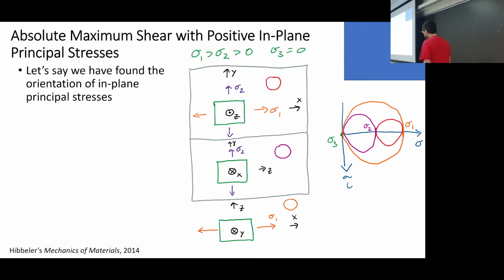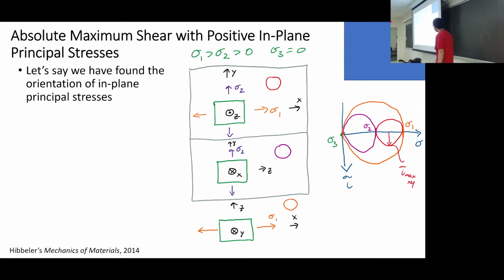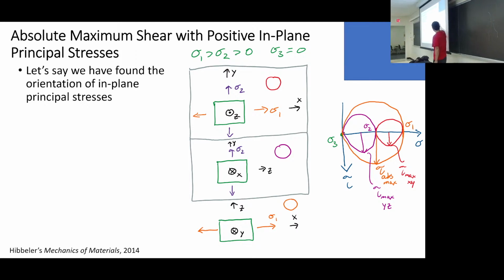Yeah, we can identify our individual maximum shear stresses, but there is now the absolute max. The absolute max is the one that's going to be associated with the sigma 1 and the sigma 3.